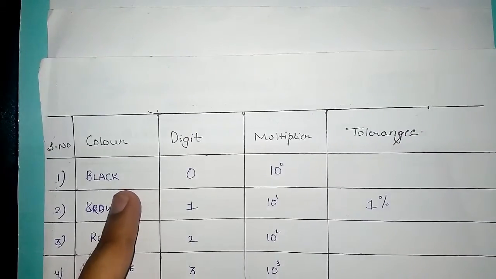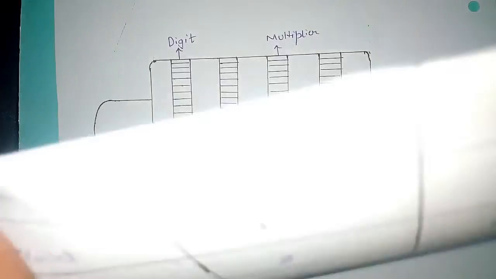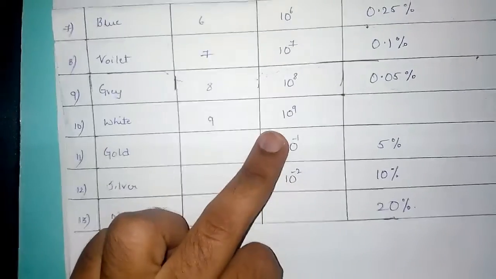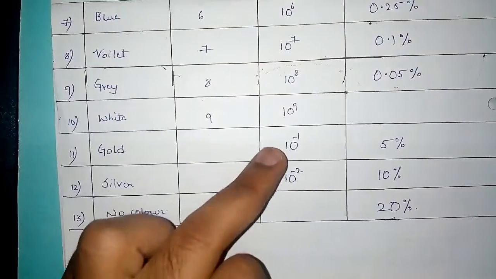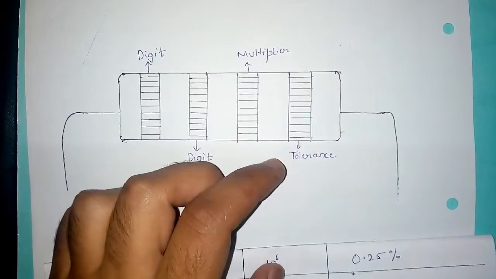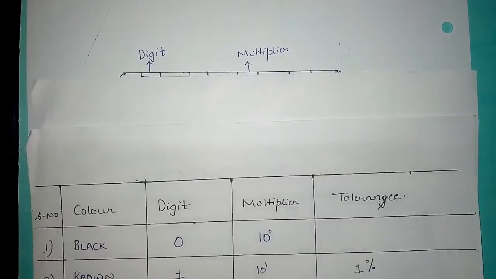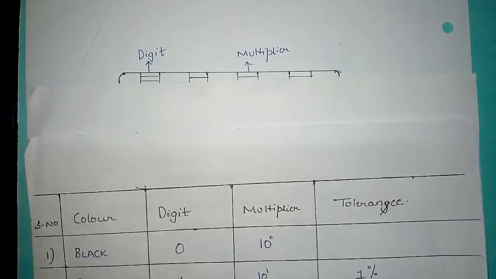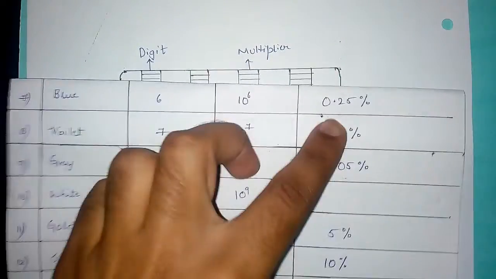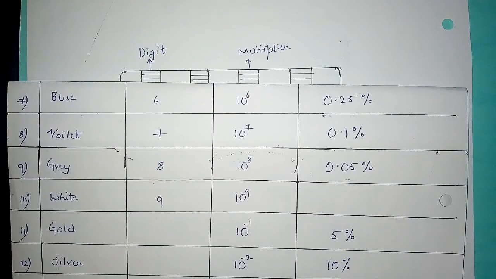So for black it's 10 power 0, for brown it's 10 power 1, like that we have till white, and after white we will get 10 to the power of minus 1, 10 to the power of minus 2. And as I said before, the last one is tolerance. Here the tolerance exists for only a few colors like 1%, 0.5%, blue, violet. There are some tolerance values for these particular colors.